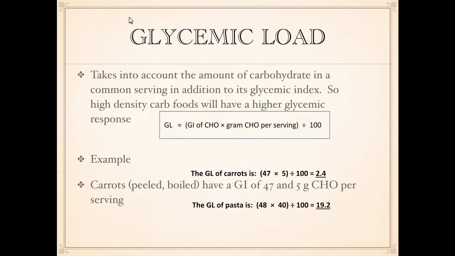However, there's 5 grams of carbs per serving of carrots, and there's 40 grams of carbs per serving in pasta. So you multiply the glycemic index times the serving size, and we can see that the glycemic load is 2.4 in carrots and 19.2 in pasta. So the glycemic load is much greater.